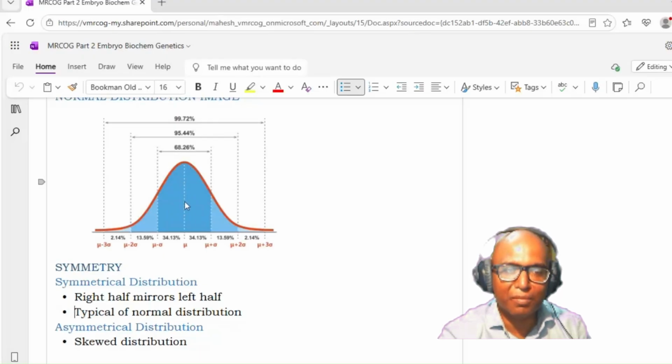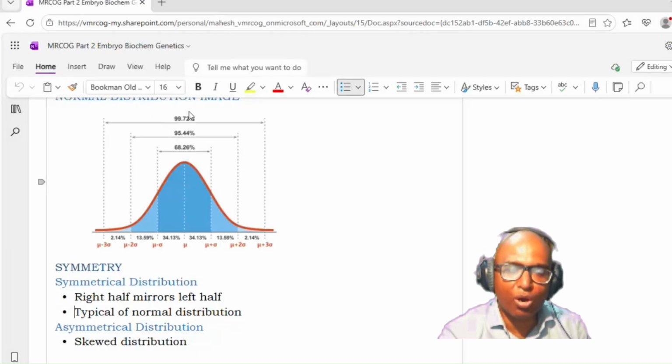This is the mean. Here it will be 50% of observations and here 50%. Between plus minus 1 SD, 68% of observations will lie. Between plus and minus 2 standard deviations, 95% will lie. And between plus minus 3 SD, 99.7% of the data will lie.